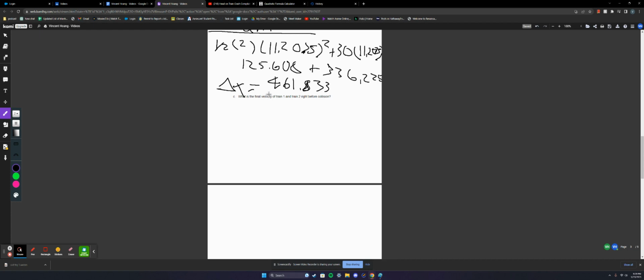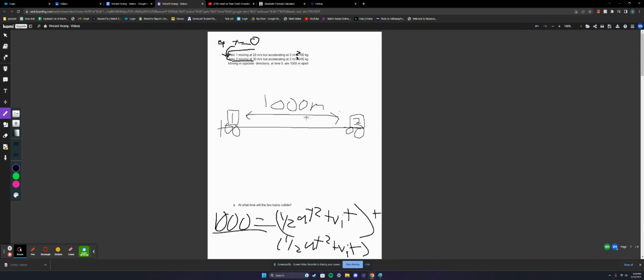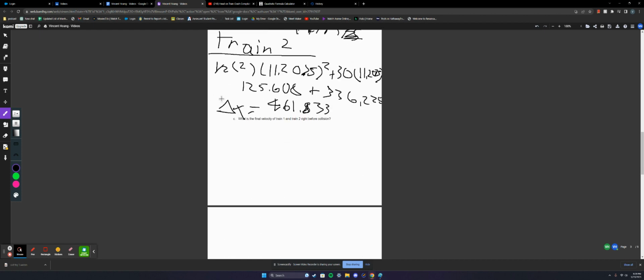Part C: what is the final velocity of train 1 and train 2 right before collision? Now that we have distance, we can use the kinematic equation. We'll do train 1 first: v_f squared minus v_i squared is equal to 2a delta x.